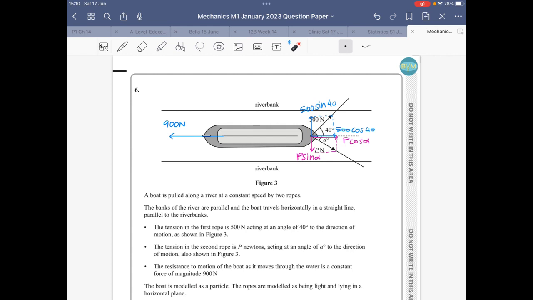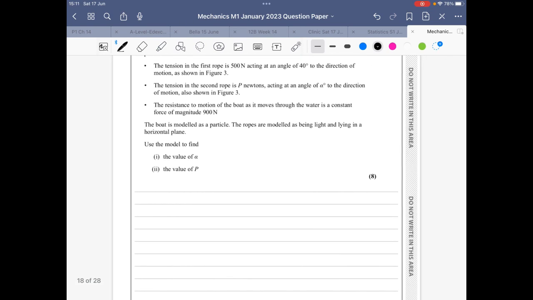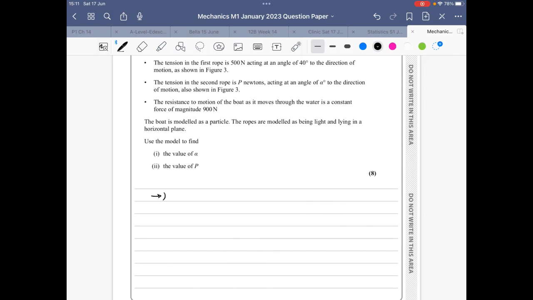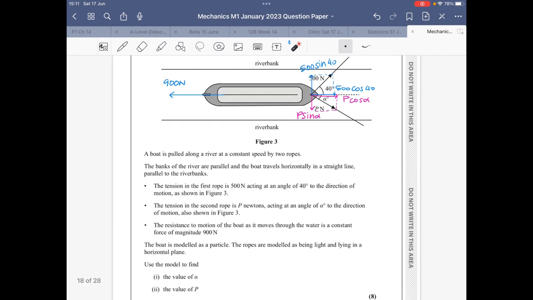I'm going to write two equations, one for this direction, one for this direction, and solving them I will have my two values. So if I resolve, let's say first, parallel to the motion, I have forces pointing to the right is 500 cos 40 and P cos alpha.